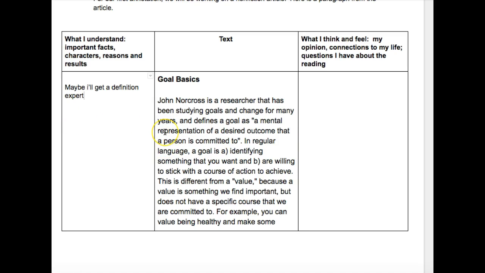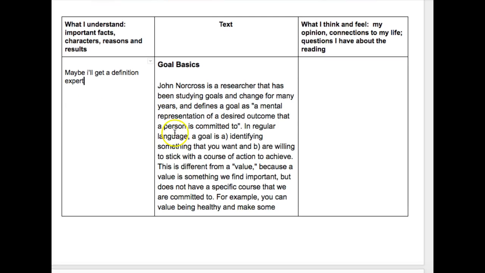This sounds very complicated to me, but I'm not going to worry about it because here it says in regular language, a goal is identifying something that you want and are willing to stick with, a course of action to achieve. So this means that I have a basic definition here, and I can understand that.